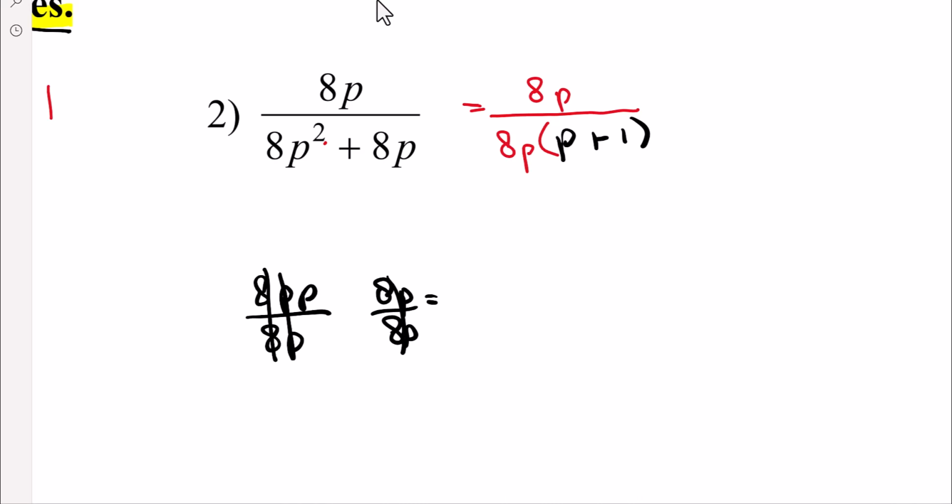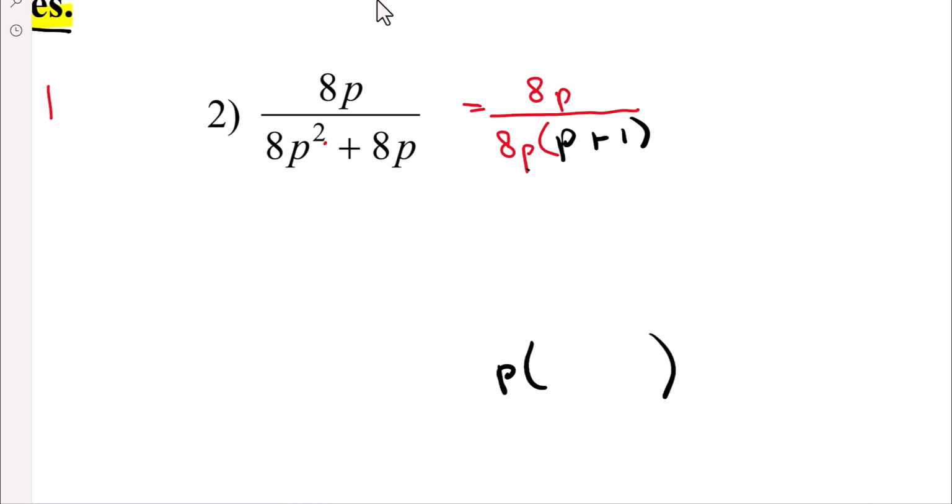Now, first let's focus on excluded values. So there's a p on the outside of parentheses, and remember what I've always said, when a p is being multiplied on the outside, it could say negative 1000p, it could say positive 8p, as long as the negative 1000 or the positive 8 are multiplying the p, and the variable is multiplying the parentheses, that p automatically equals 0.